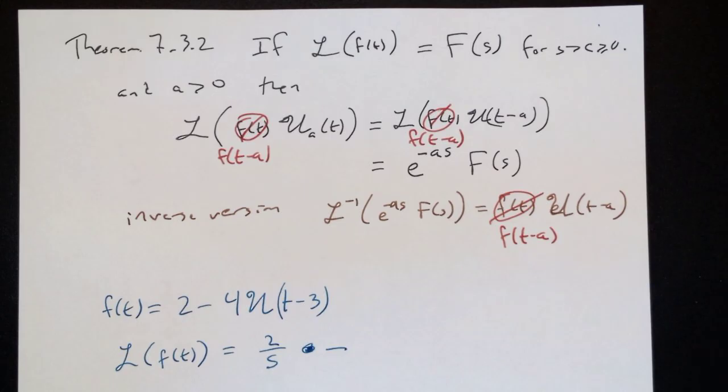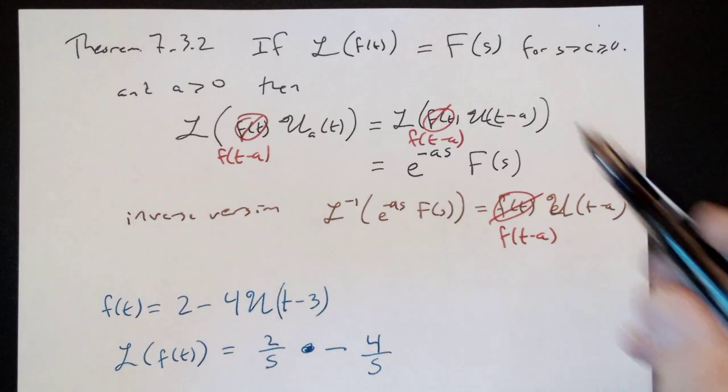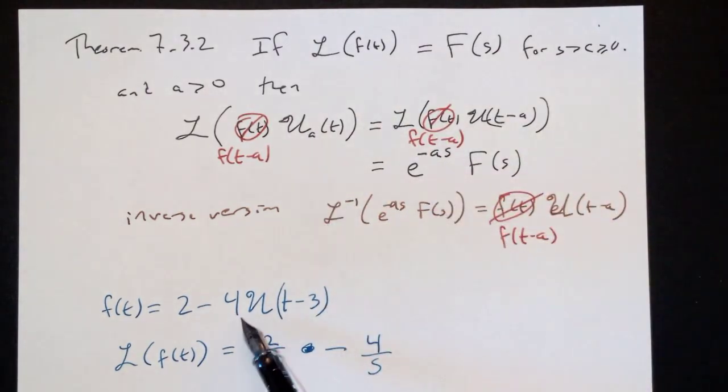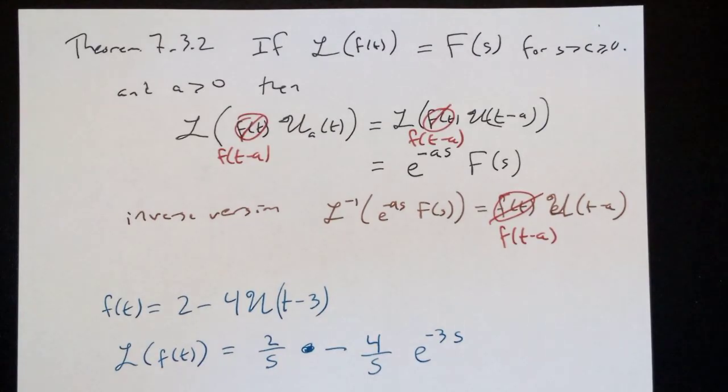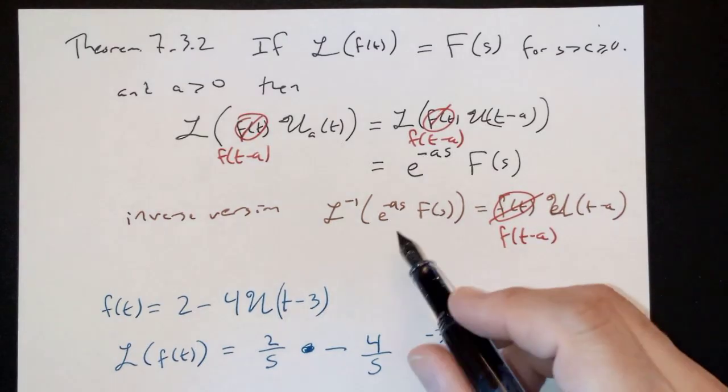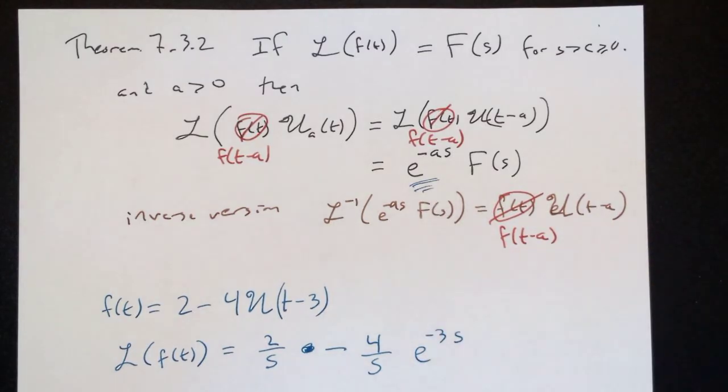Minus. What's the Laplace transform of 4? But there's this u of t minus 3 here, right? So this 4 is the same regardless of whether I shift it or not. This is going to get multiplied by e to the negative 3s. That's our extra piece right here.